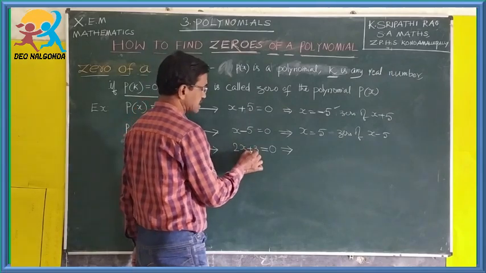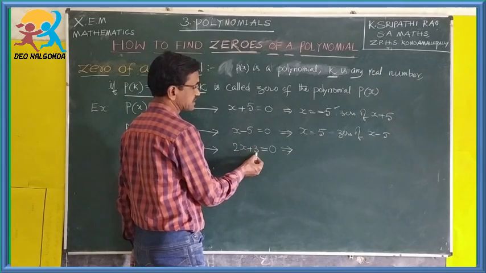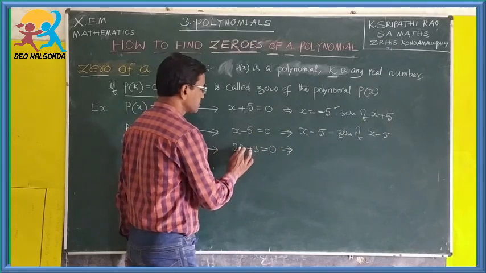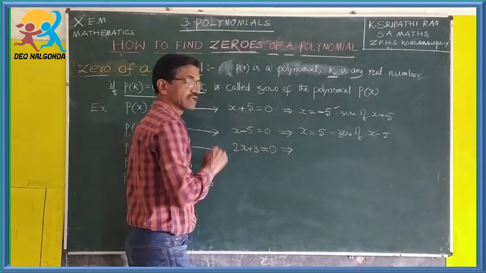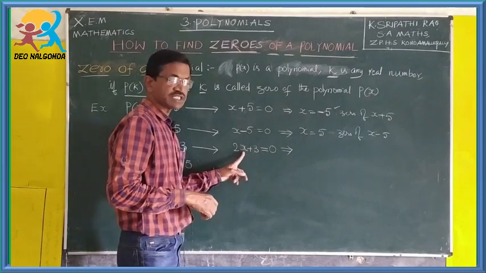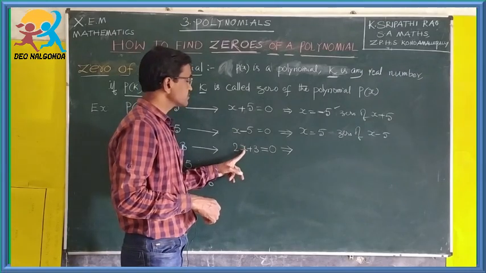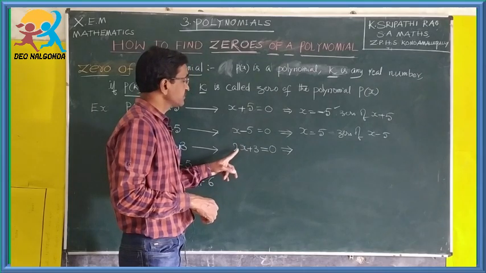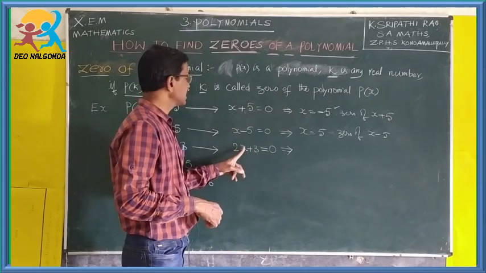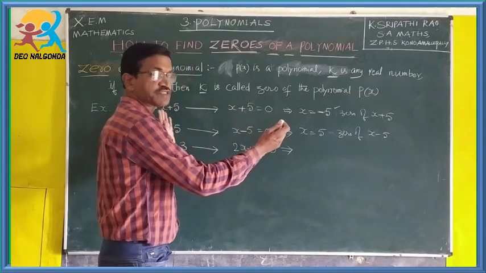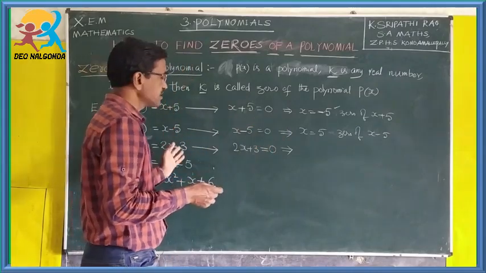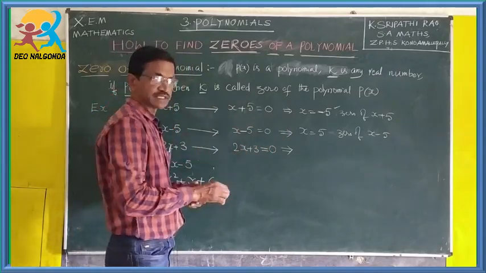First of all, you have to transpose this plus 3 to that side. You have to make x the subject here. If you make x the subject, you can find the 0 of the polynomial. Subject means what? The coefficient of the variable should be 1. The variable stands alone on the left side and its coefficient is 1, then it is called the subject.